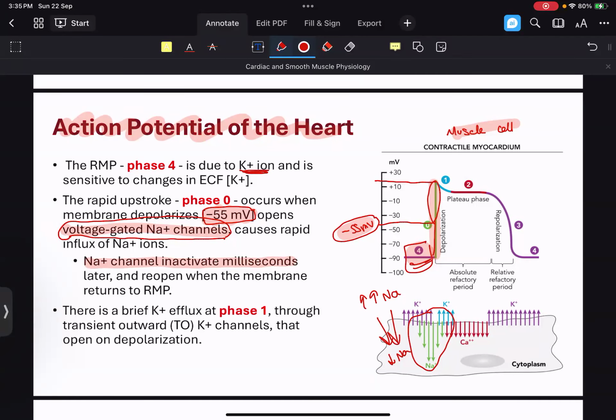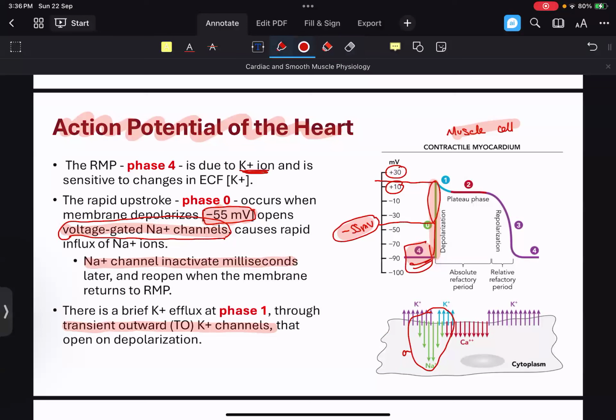Once you reach somewhere between +10 and +30 millivolts, what's going to happen is that your transient outward potassium channels are going to open up. So you reach somewhere between 10 to 30 millivolts, and your sodium channels will close, but your potassium channels will open. And when your potassium channels open, your potassium ions are going to leave the cell. Once again, why does that happen?